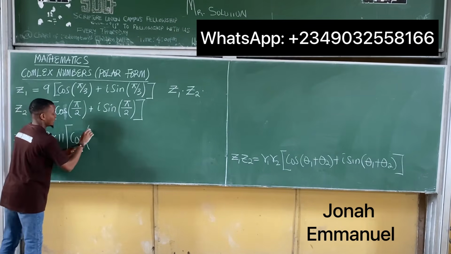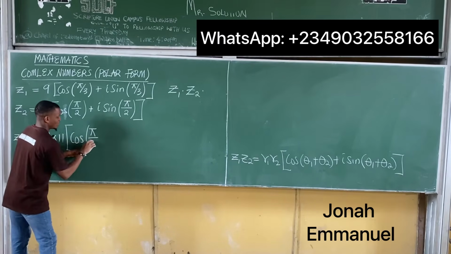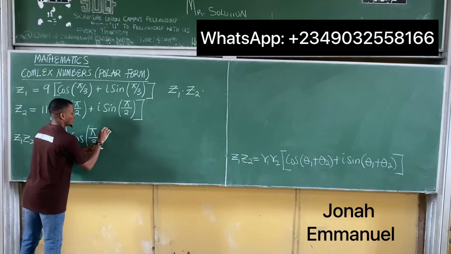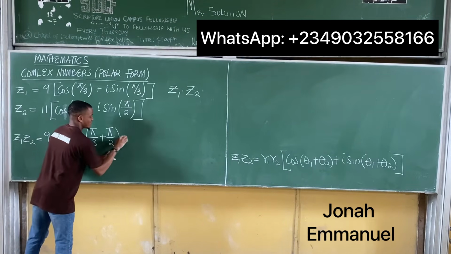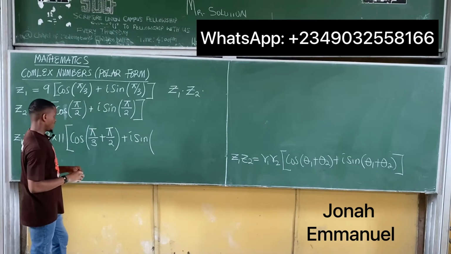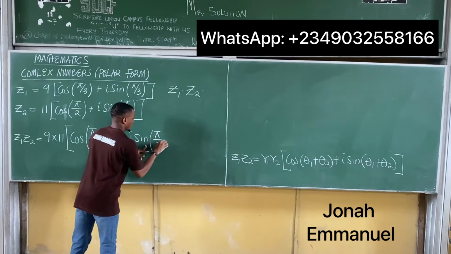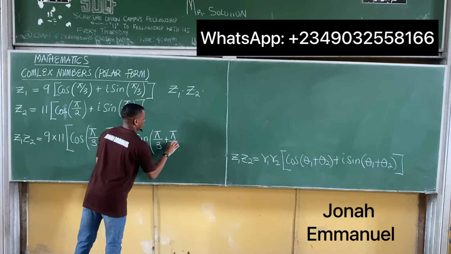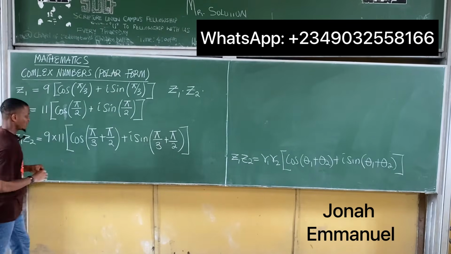That becomes the angles. So the angle now is in terms of radians, no longer degrees, but I'm still adding them anyway. So this, pi over 3 plus pi over 2, plus i sine, pi over 3 plus pi over 2. It's quite simple. Just add these and let's see what we get.